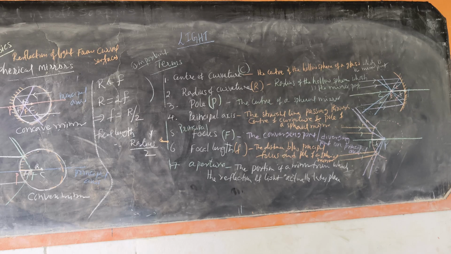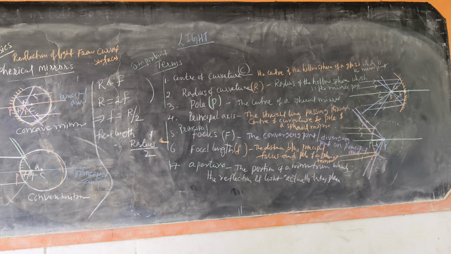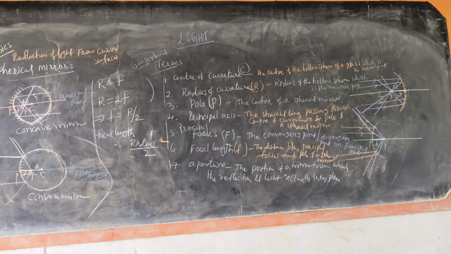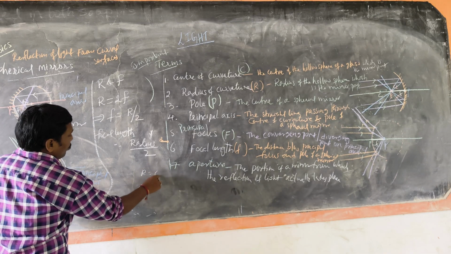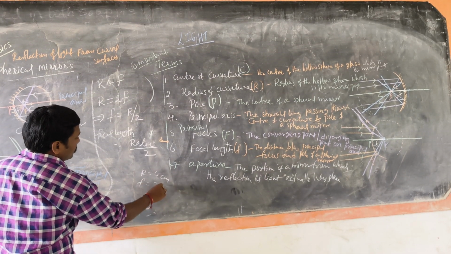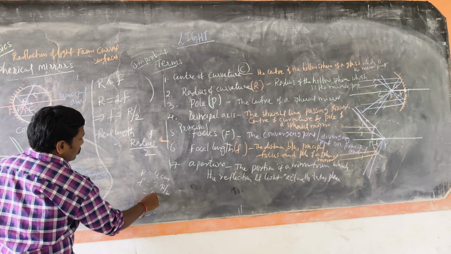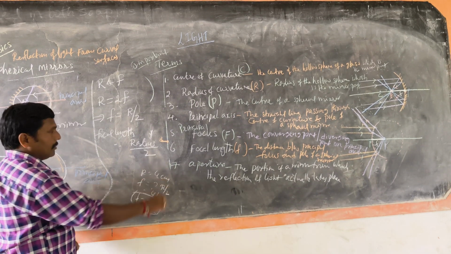If the radius of a concave mirror is 4 centimeters, what is the focal length? R = 4 cm, and f = R/2, so 4/2 = 2 centimeters.